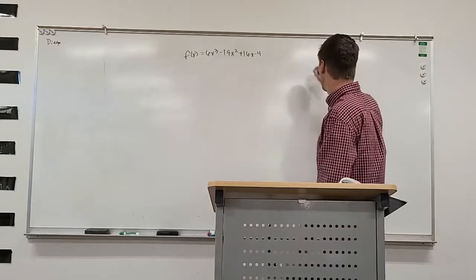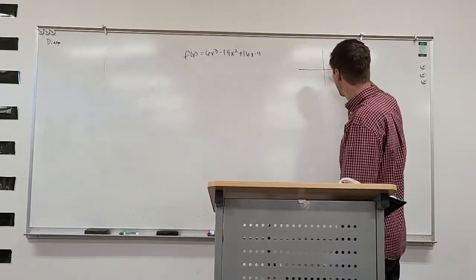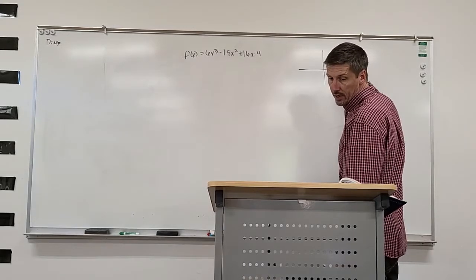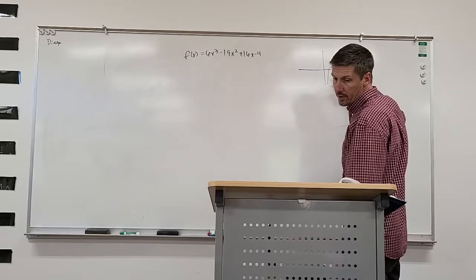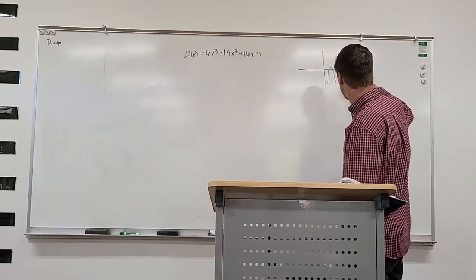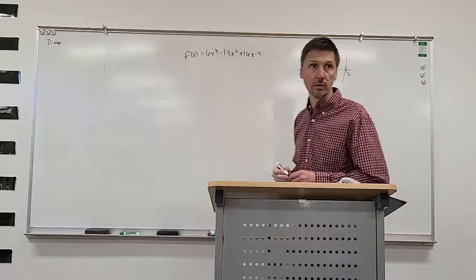They show the graph in the book, and so it should look something like this. You should see something in this area of the window where the graph comes up and does this, and then you should see another portion that comes up this way, and that should look like it's around x equals 2. You guys see that?